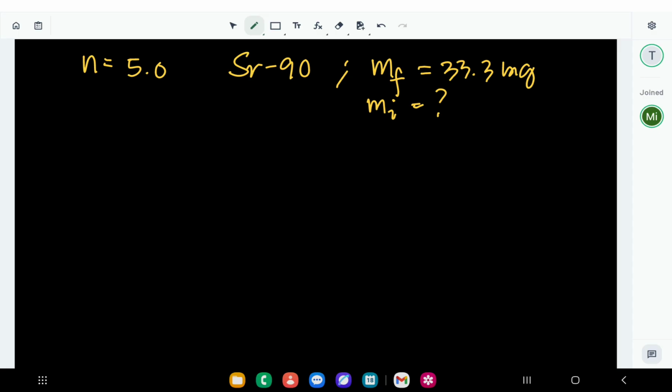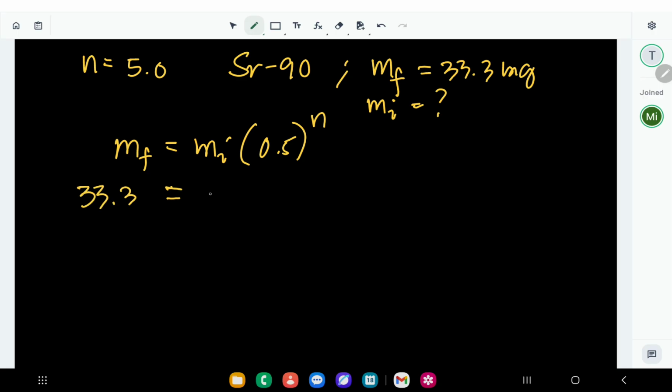So we use the same formula. This time I will just use the notation from the problem. That is mass final equals mass initial times 1/2, 0.5, to the n. We're given n; n is time elapsed over half-life. So 33.3 divided by 0.5 to the fifth.